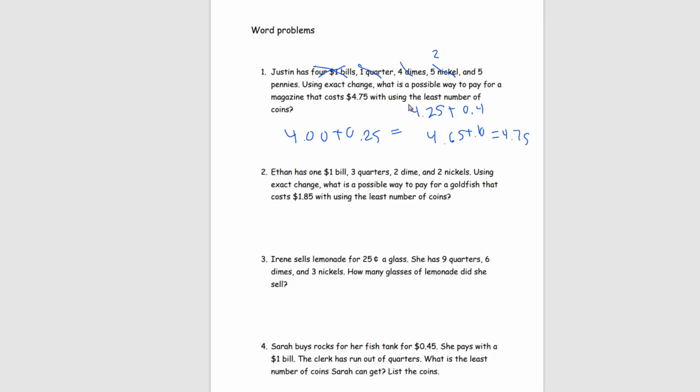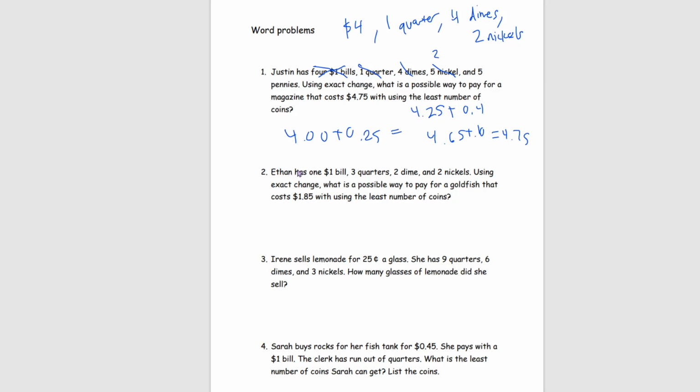So a possible way to pay for a magazine that costs $4.75 with the least number of coins is we use 4 $1 bills, 1 quarter, 4 dimes, and 2 nickels, which gives us the least number of coins used possible.